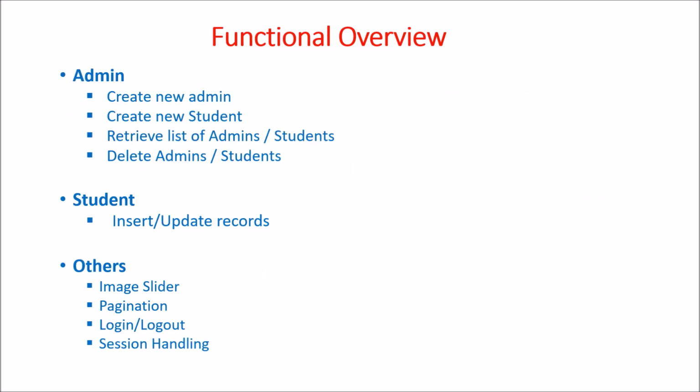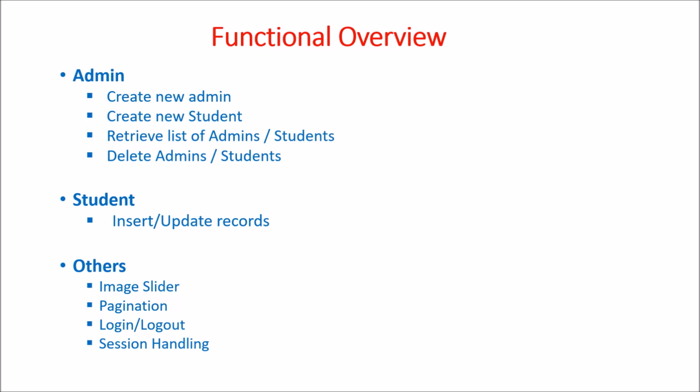Now coming to the functional overview. We have two roles, admin and student. Admin can create new admins and new students, and can also retrieve the list of admins and students. Admin can also delete admins as well as students.